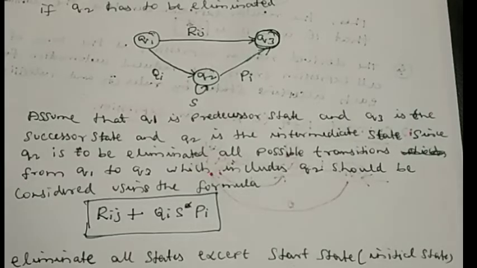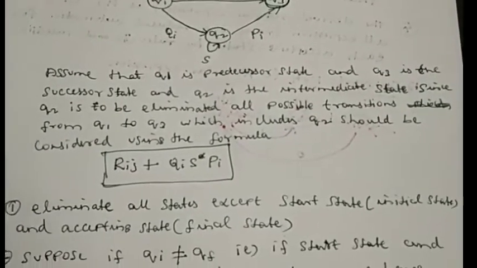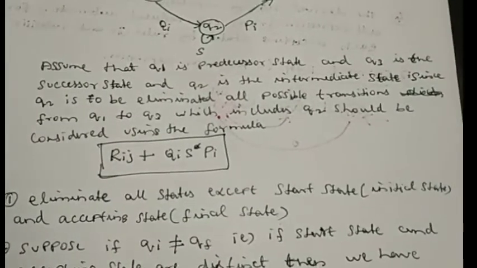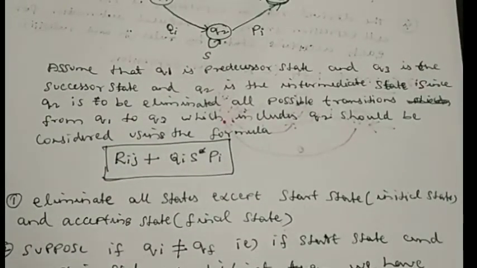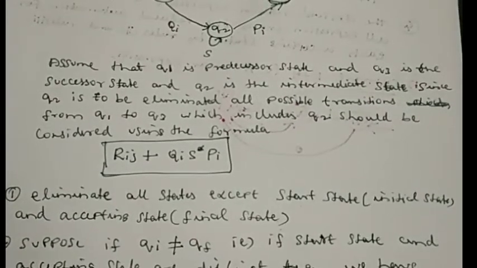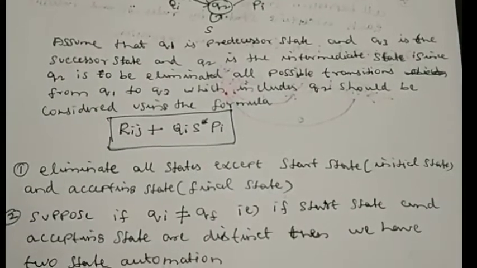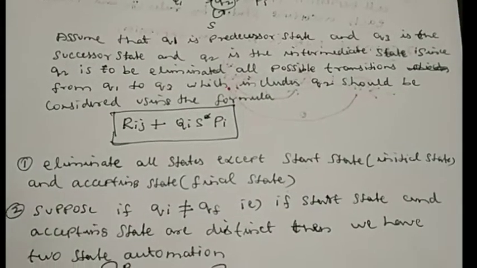As for step number 1 of the state elimination method, except the initial state and final state, none of the states should exist. That means all intermediate states except the initial state and final state should get eliminated. While eliminating, you have to consider all possible combinations and put them in the form Rij plus Qi S star Pi.